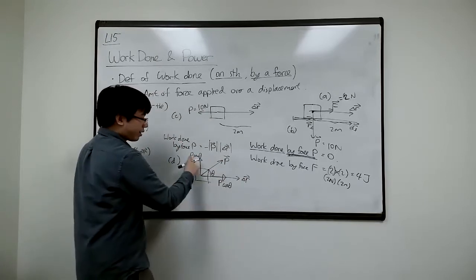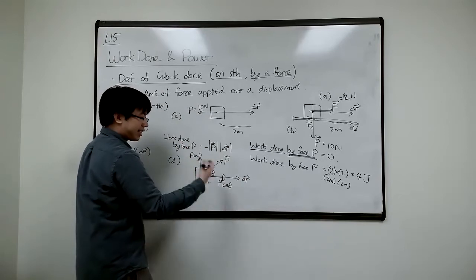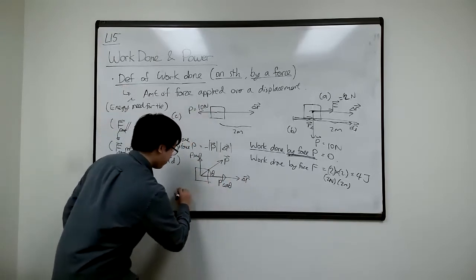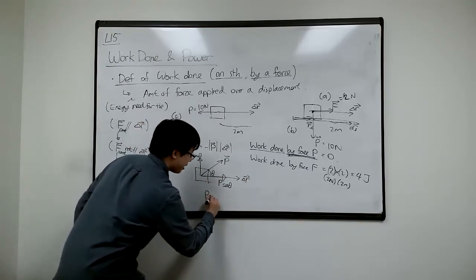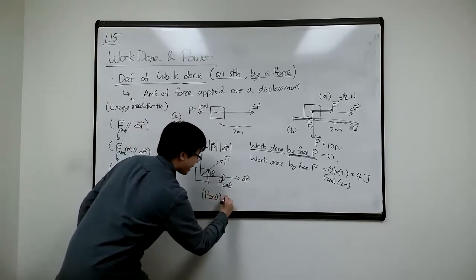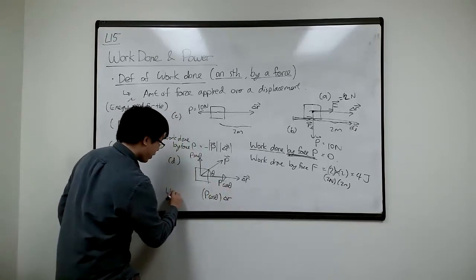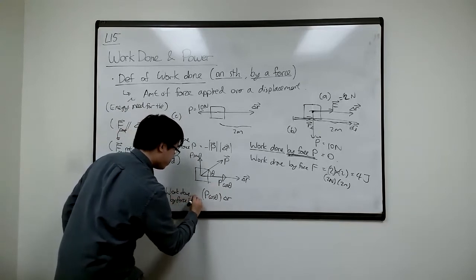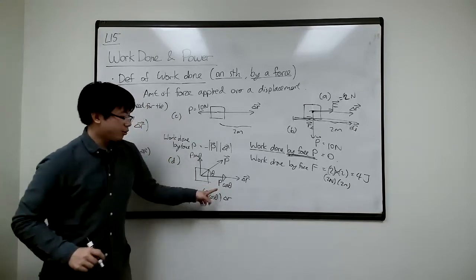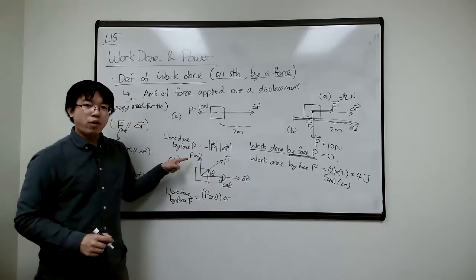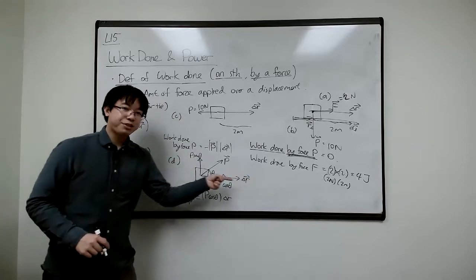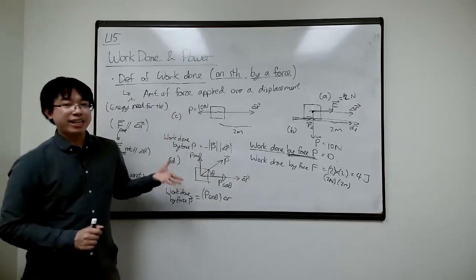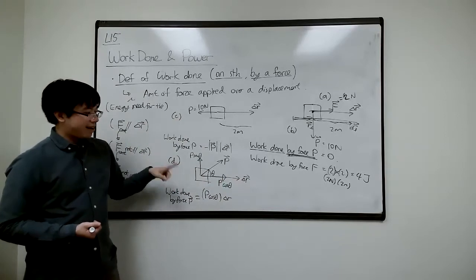So you can think of the work done by P sine theta is 0, but the work done by P cosine theta is P cosine theta times the magnitude of dr. Okay, so the work done by the force P is just P cosine theta times this, because this guy is not doing any work as far as this displacement is concerned. Okay, so it's the amount of force applied over displacement, but it takes into account the directionality as well.